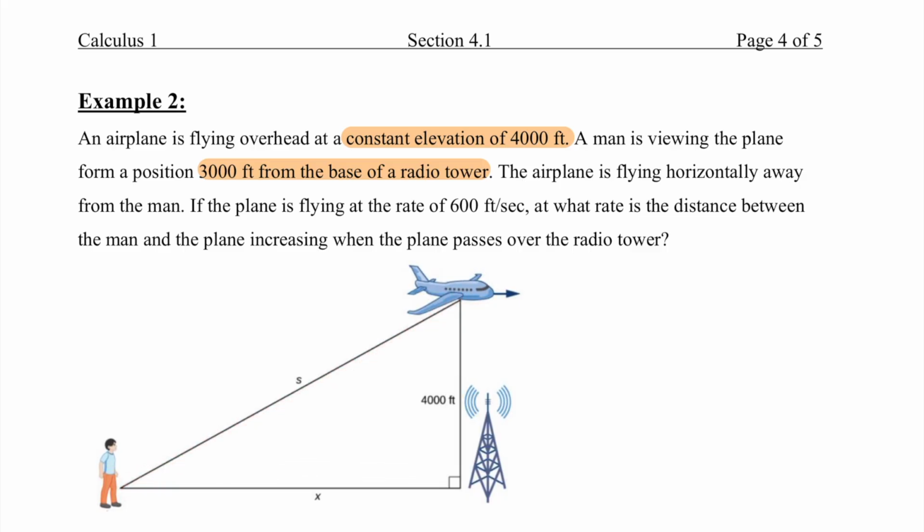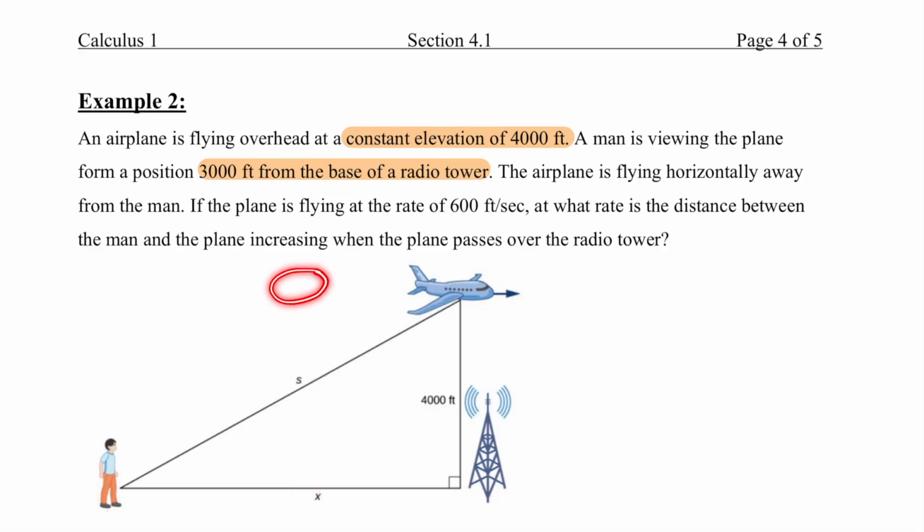So let's define our variables. I let x be the horizontal distance from the man to the point directly below the airplane. So x is not just the distance from the man to the tower. x is the distance from the man to the point that is directly below the airplane.